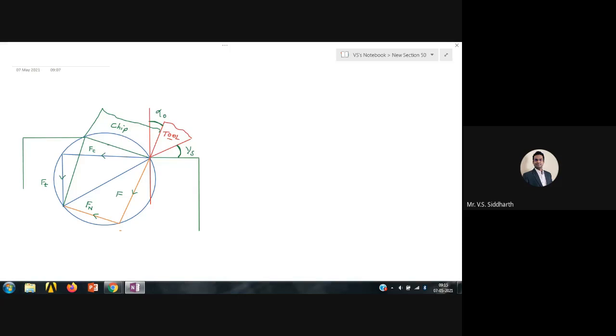Good. Now what is this force? Green one? Fs. Shear force. And this one is normal to shear. Clear up to here?